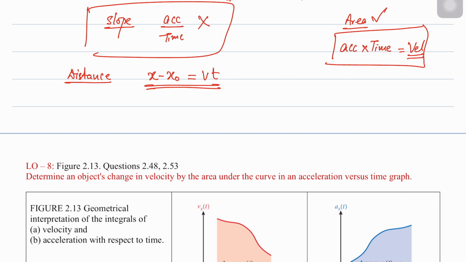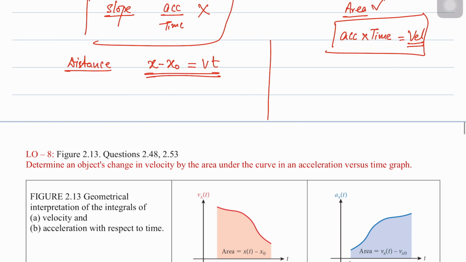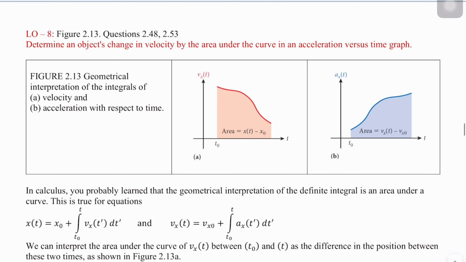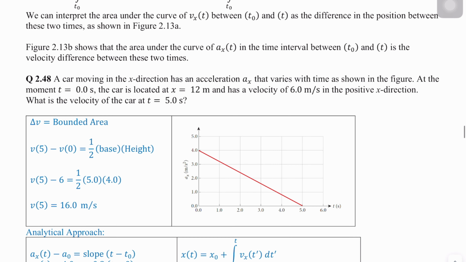Similarly, for velocity, v final minus v initial is equal to acceleration times time. Clear? These are the basic equations. As we know, acceleration is equal to velocity divided by time, from here we get the equation, and distance is equal to speed multiplied by time, so you get this equation. Fine. Let's solve the graph, and whatever is required I will explain.